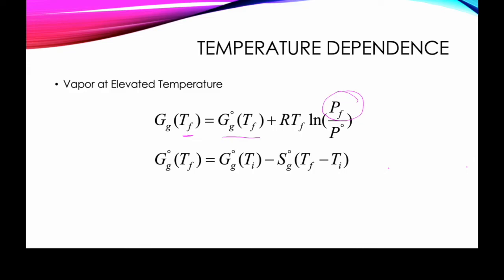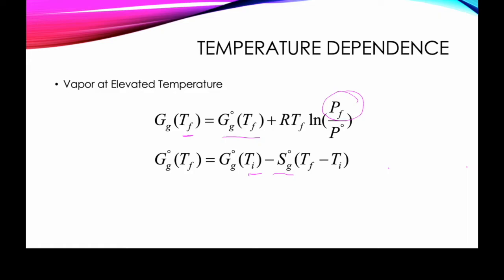All right. So how does the Gibbs energy at the elevated temperature compare to the Gibbs energy at the initial temperature? Well, we know the temperature dependence, as we've already discussed, is dependent on the entropy of the vapor here, as we see. So this is just the standard relationship that we looked at when we were talking about the liquid.